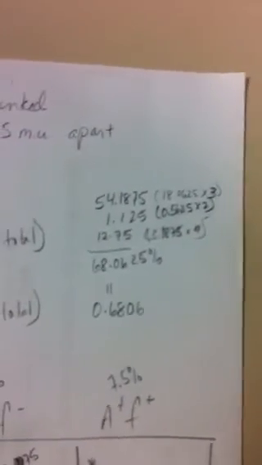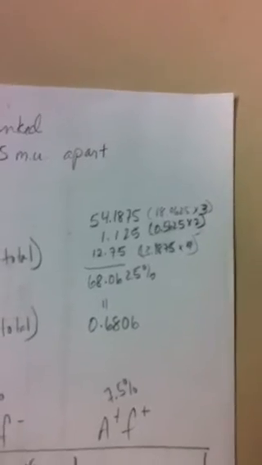Okay, so then you can add up all of these progeny with these particular values. The way I did it is I multiplied 18.0625 times 3, because three times I had that percentage. So these three are going to give me that much progeny.